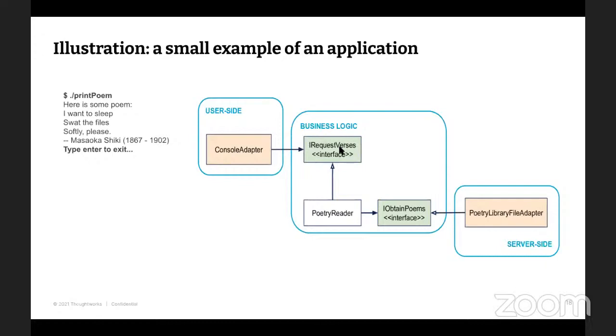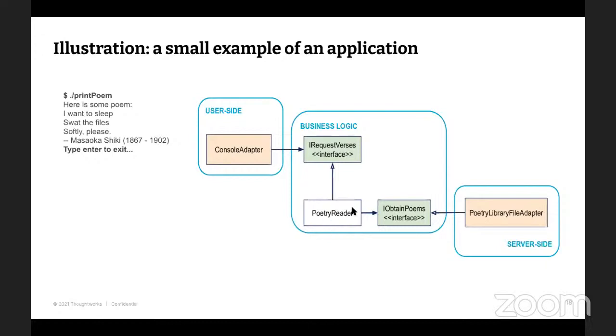This interface is implemented by the console adapter, that is, by the driving side. Once the driving side provides a concrete object of this interface type, then the business logic knows that it has to read the poem.